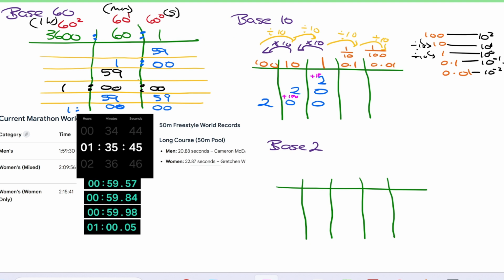The pattern is, so if I've got 2 and I go to 20 and I go to 200, it's always a multiply or a divide by 10. So that's a multiply by 10, that's a multiply by 10. And this way is a divide by 10.